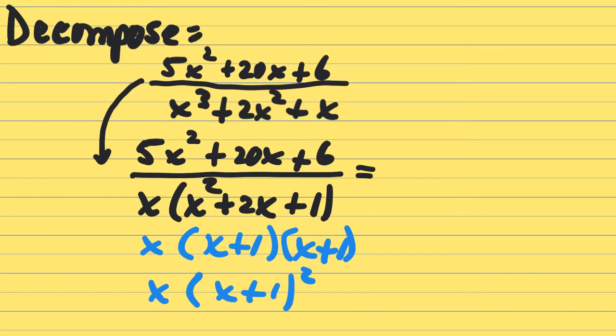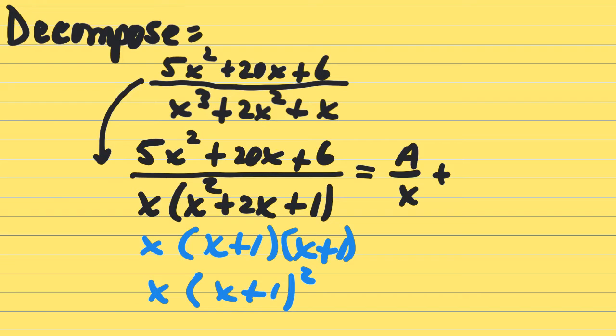Now the catch is, when you are decomposing with a repeated linear factor, the unique factor on the bottom is just x. But when you have repeated factors, you build them up one power at a time until you reach the exponent, or how many times it repeats.